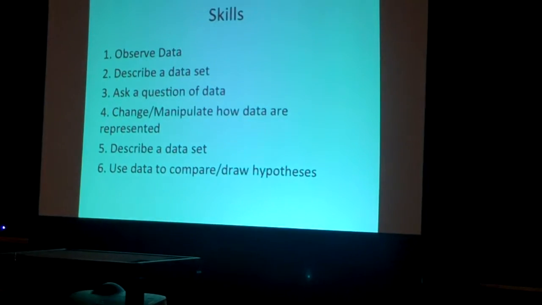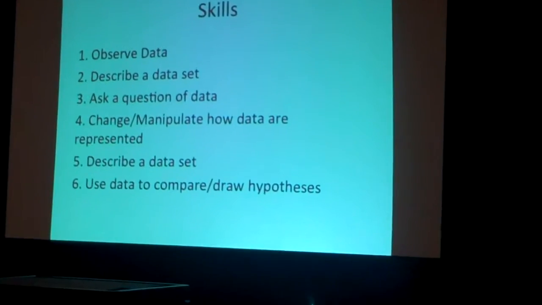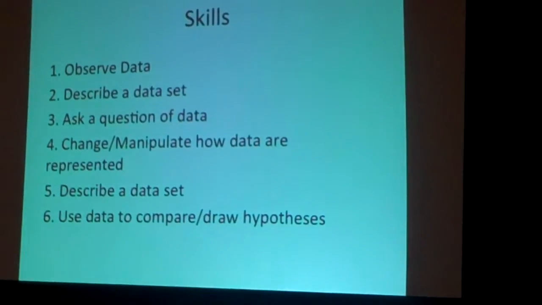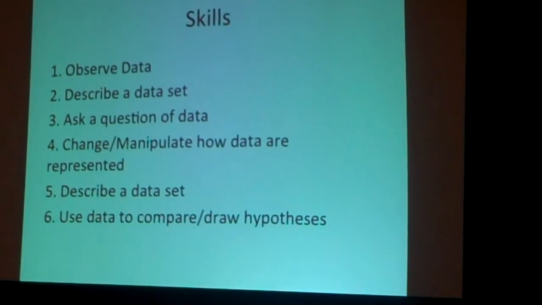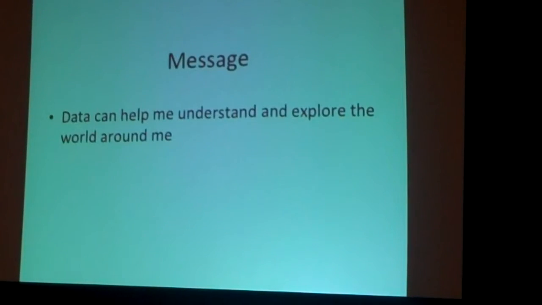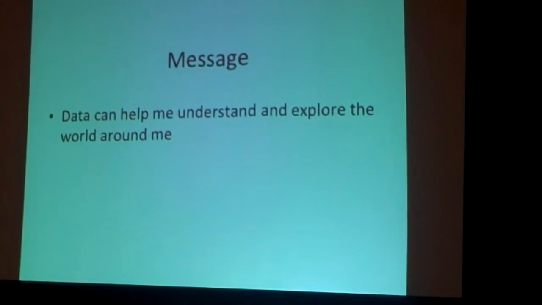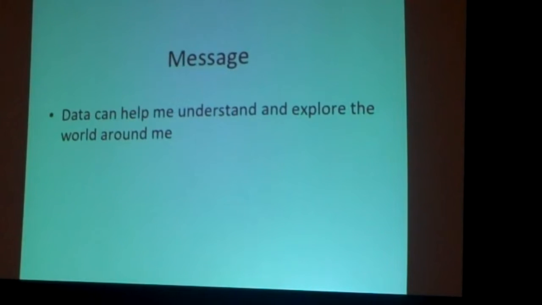So they would observe data, they would describe a data set, they would ask a question of data, they would change or manipulate how data are represented, they would again describe a data set, and then they would use data to compare or draw hypotheses. And our end message was, data can help me understand and explore the world around me.